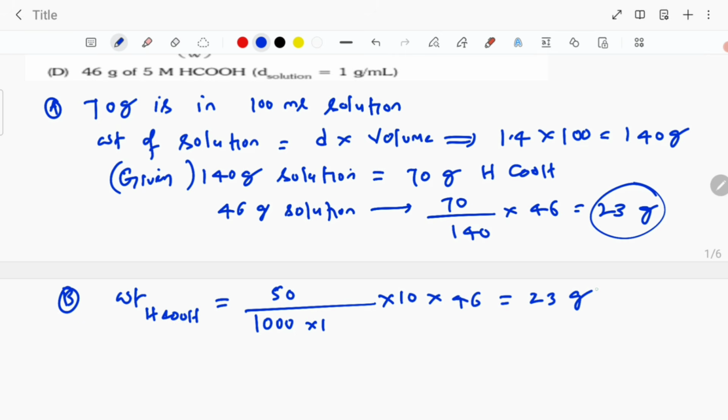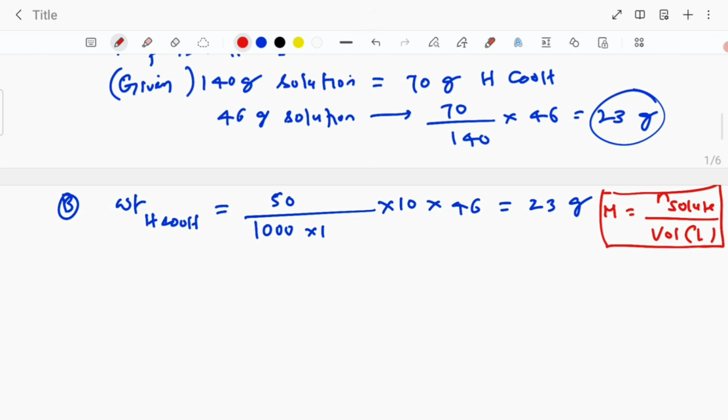Because we are calculating weight of HCOOH by using molarity. Molarity formula we already know. What is the molarity formula? Number of moles of solute by volume of solution in liters. Just by using this we calculated weight of HCOOH.